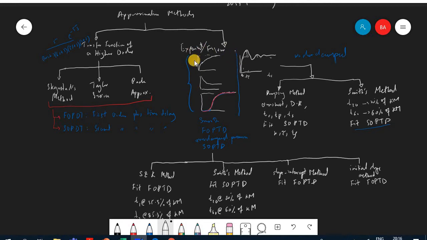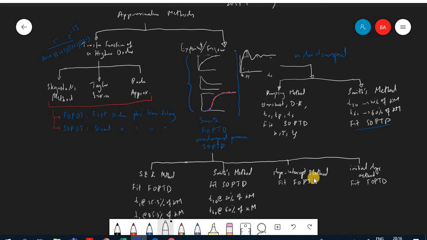So if it is any higher order system, I can approximate it to FOPTD, that is first order plus time delay, or second order plus time delay. Now, if I have something that is smooth, I have several methods that I can use.